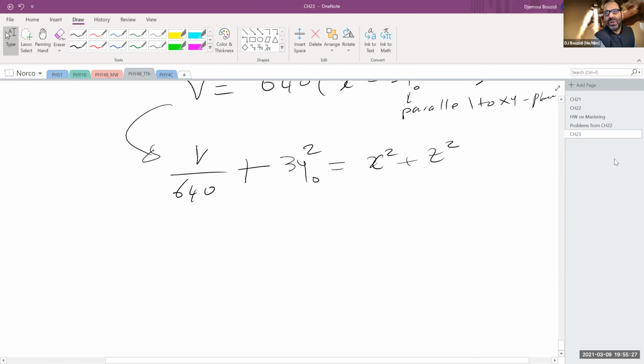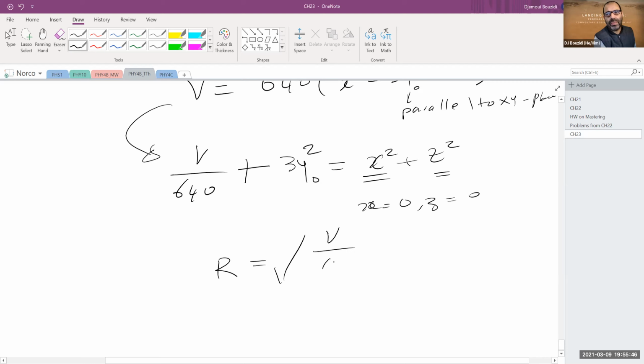So obviously this is the equation of a circle that is centered at x equal to 0 and z equal to 0. That is the center of the circle. And the radius of the circle is this number under the square root. So the radius of the circle is the square root of V over 640 plus 3 y naught squared.